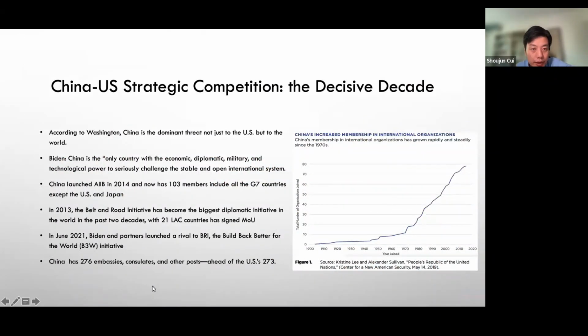And then I want to focus on the China-US strategic competition. As the US media point out, the coming decade is a decisive decade. US Secretary of State Blinken also mentioned the decisive decade when he defined the China-US relationship. So according to Washington, China is the dominant threat, not just to the US, but to the world. That's how the US views China.